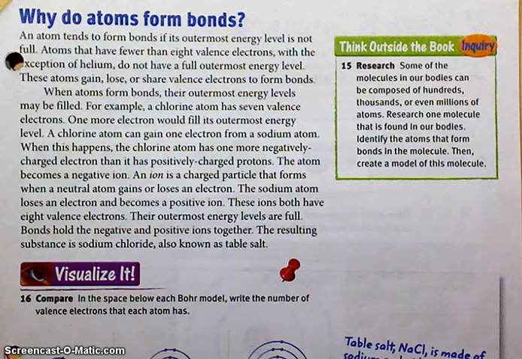Now we're going to turn the page and go to page 143 and discuss the important points on this page. It says, why do atoms form bonds? Well, an atom tends to form bonds if its outermost energy level is not full.